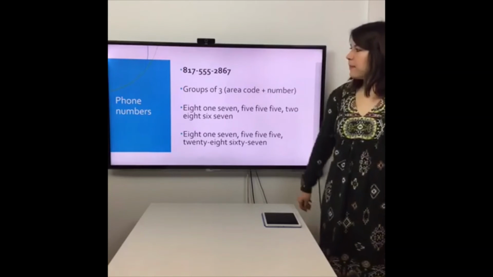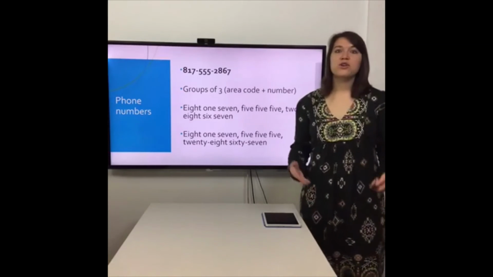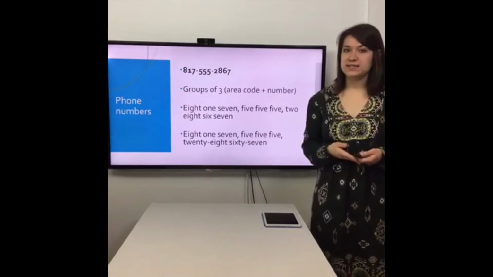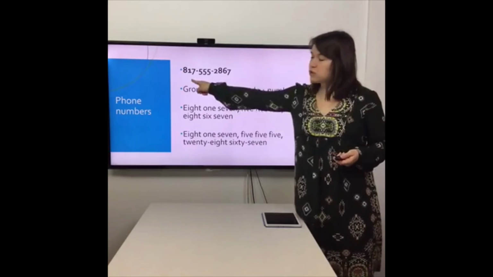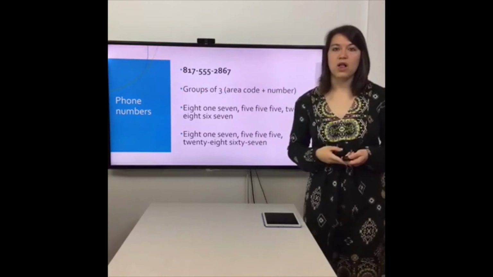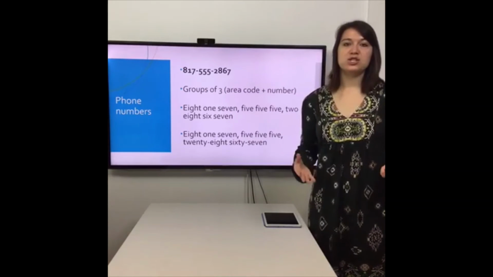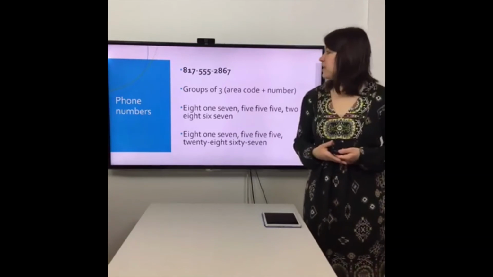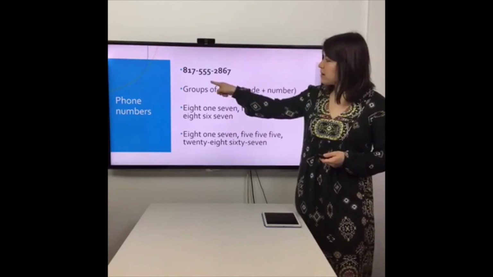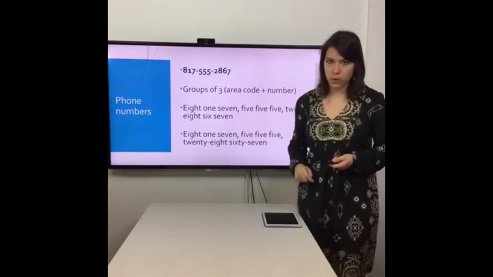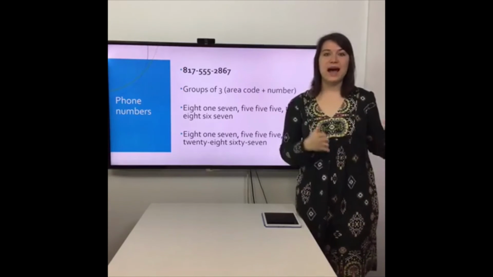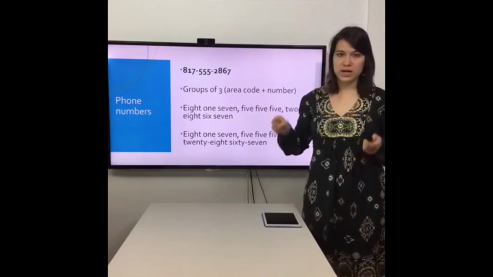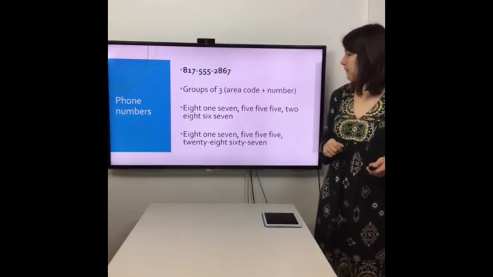Okay? What about how to give someone your phone number? I've used an example from the United States. Here, the first 3 digits are what we call the area code. This shows what area, what region you live in. Then it's followed by 3 numbers and then 4 numbers. So when you read out your number, you read it in these groups, 3, 3, and 4.